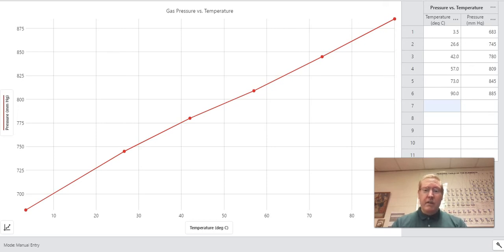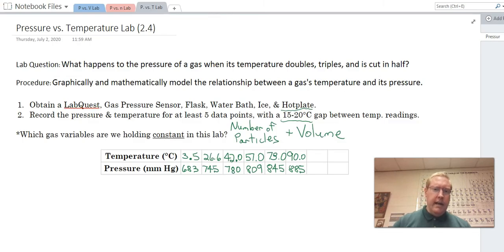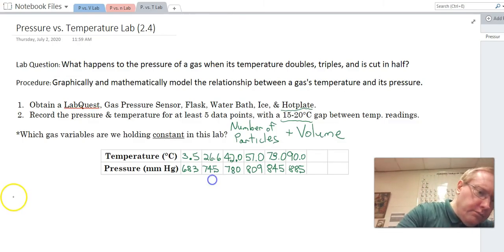And again, I think we have a pretty clear relationship going on. As the temperature increased from, I believe, 3.5 degrees up until 90, there's a very clear increase in the pressure. It goes up as temperature goes up. So let's jump back and make a quick note of that.